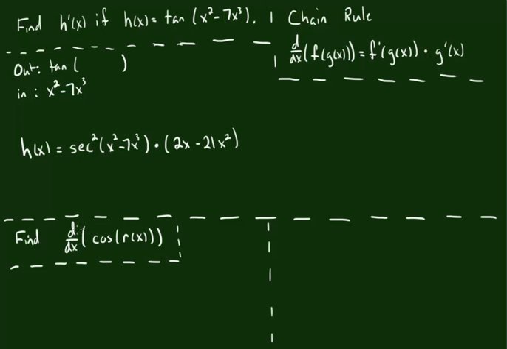Next up, I'd like to take a look at this next example. We're trying to find the derivative of cosine of r of x. Now I have no idea what r of x is, right? That doesn't matter, the chain rule still works. And so in this case, the outside function is going to be cosine of something, and the inside function is just going to be that r of x.